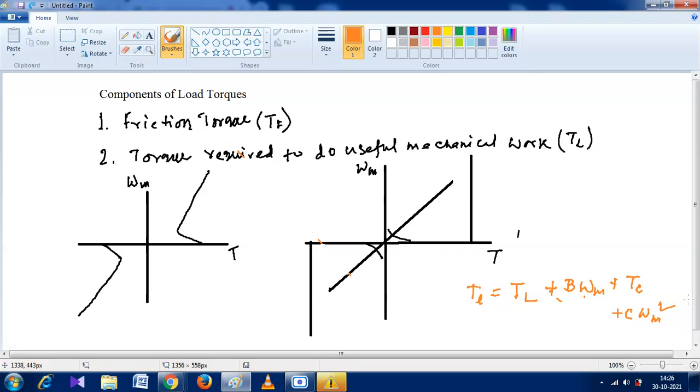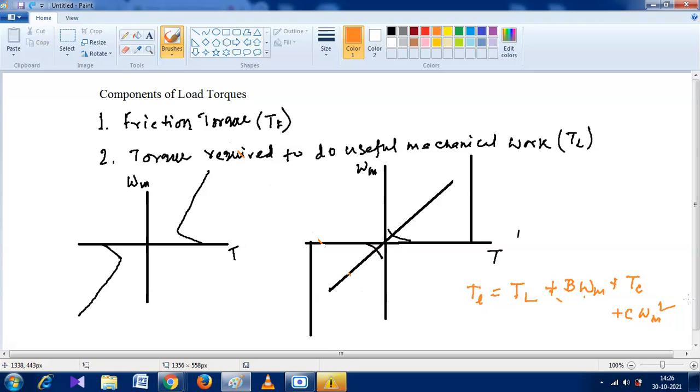Actually, if we break the load torque, there are mainly four parts. One is due to the useful mechanical work, and the other three parts are due to friction. One is viscous friction, which is proportional to the speed, denoted by B omega.